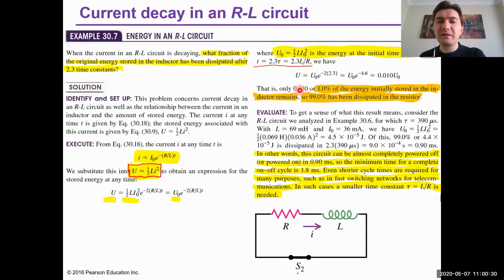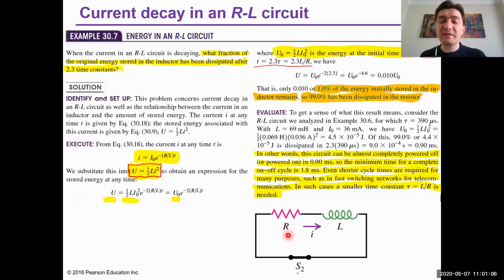Then the energy in the inductor is given by that expression, 0.01 U0. What is the meaning of that? This is 1% of the energy initially stored in the inductor remains. So 99% has been dissipated in the resistor.